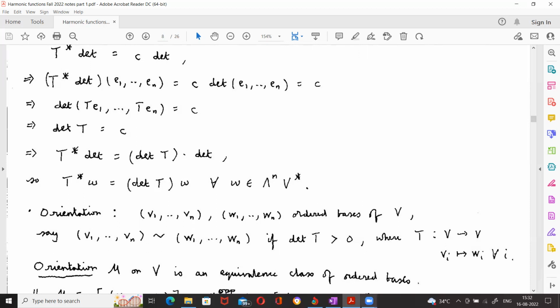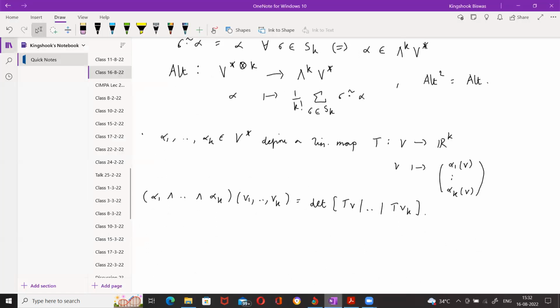Okay. So in fact, this gives an abstract definition of the determinant. So you see, wedge n V star, we know this is one-dimensional, right?